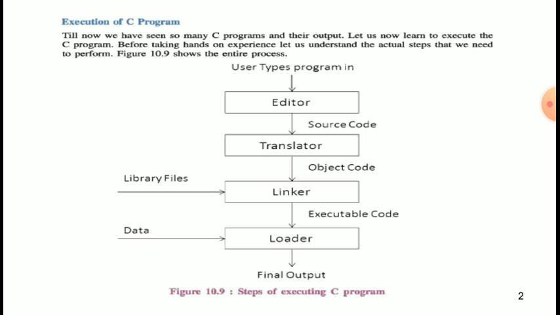Step number 4, finally executable code is loaded onto the memory by a program called loader along with the required data to give us the output. So that is the execution of a C program.